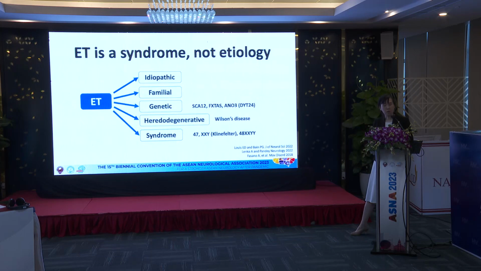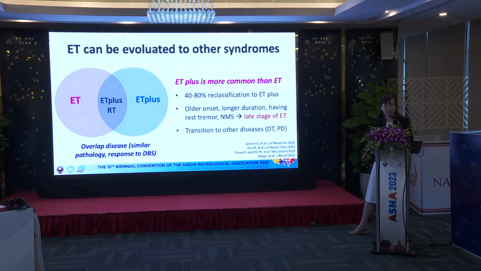ET is a syndrome, not an etiology. So it means that ET can have multiple etiologies, either idiopathic, familial, genetic diseases such as SCA12, DYT24, or other neurodegenerative disorders such as Wilson disease.